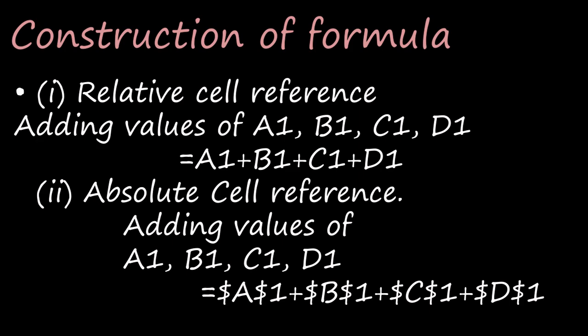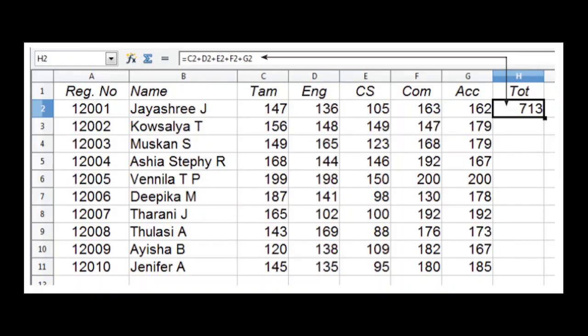Let's see finding the total for this example. First you have to move the cell pointer to H2, that is the total column, and then type the formula. After entering the formula, you have to press the Enter key. How will you enter the formula? You give equal to first and then the cell reference, and since here we are going to get the total only, you can give plus C1 plus D2, plus whatever cell you need to add.